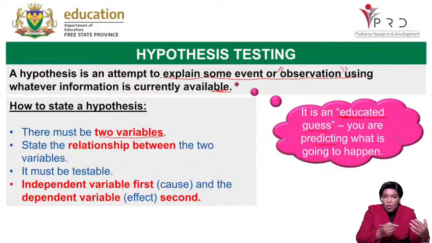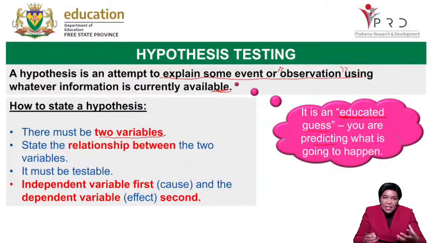So you have growth of plants, which is your dependent variable. Then you have light as your independent variable. Then you will do an experiment to test that statement. So you see, I did not say, I guess this plant is growing because of light, even if I'm thinking it.